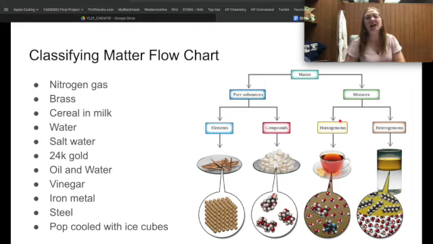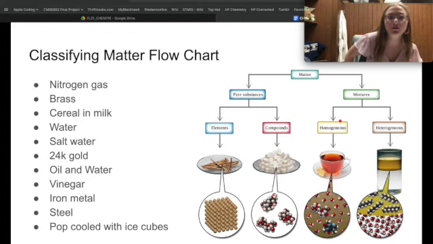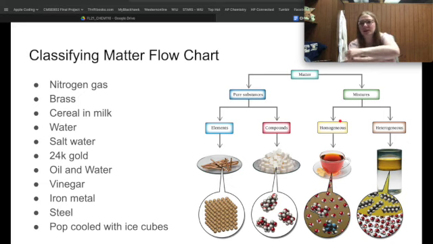Besides just thinking about atoms and molecules, we can classify things on a larger scale. For example, let's do cereal in milk. If I'm eating my cereal, there are places that have my Cinnamon Toast Crunch in it. There are places with milk, because I eat my cereal with milk, not water.